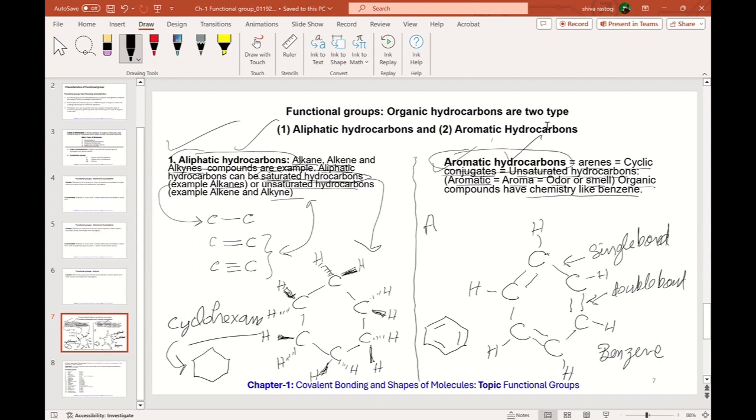All these compounds have aromaticity. So aromaticity means basically they have alternate double bonds. And it is a very important class of organic compound. And next we will talk about the substituted hydrocarbons.